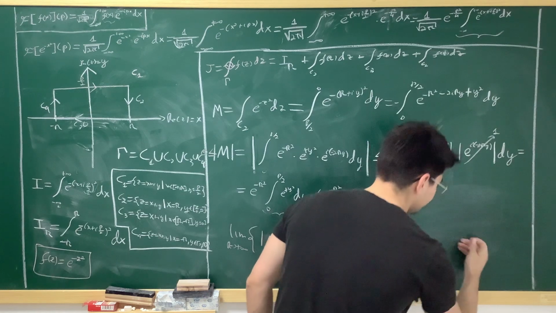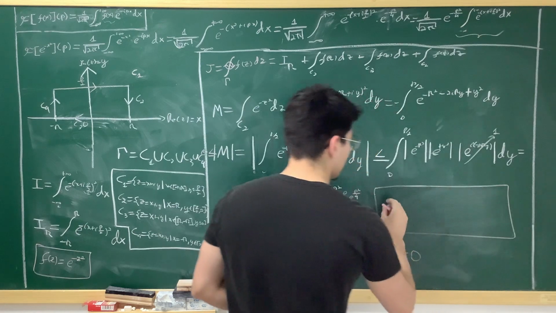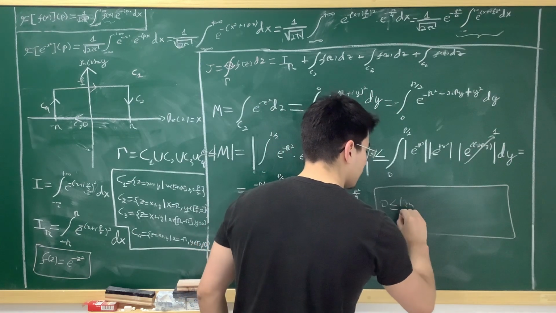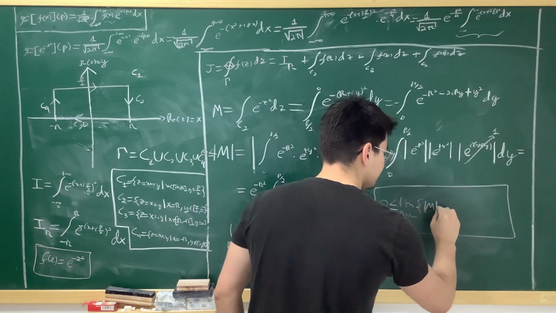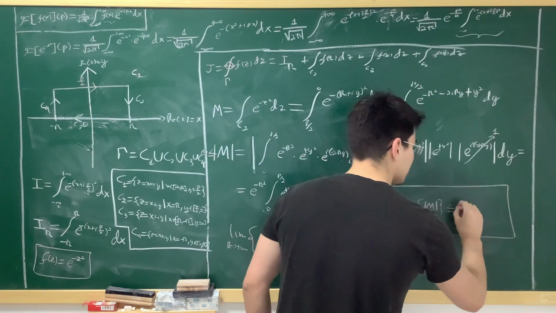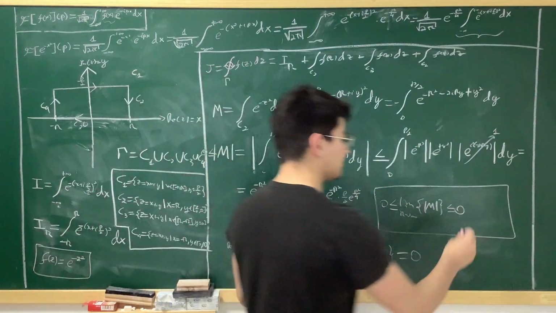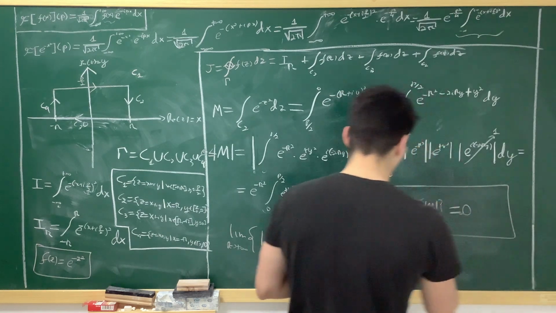So from here, the limit when r goes to positive infinity of m is greater than or equal to 0, but it is also less than or equal to 0. So this can only mean that it is equal to 0.